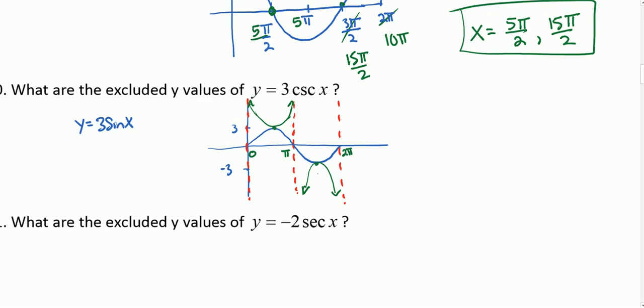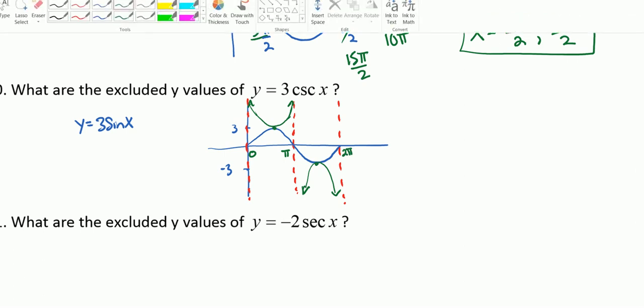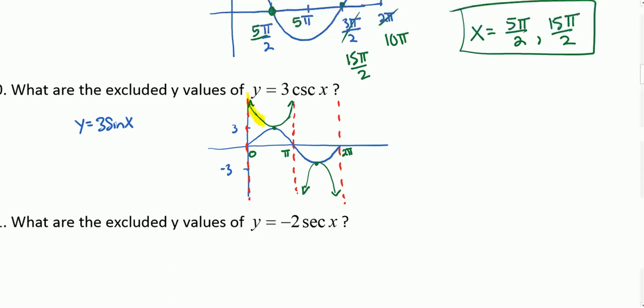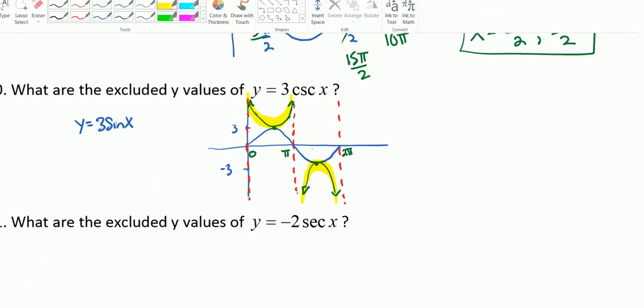Okay, so again, what's highlighted is the cosecant function, 3 cosecant x, and you can see the excluded values for x are 0, pi, and 2 pi. But this is asking what are the excluded y values?